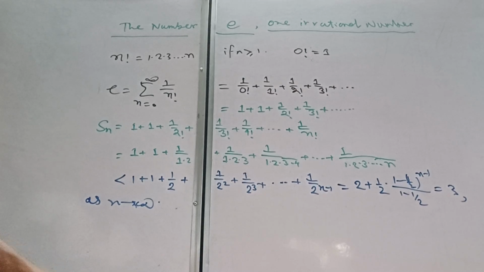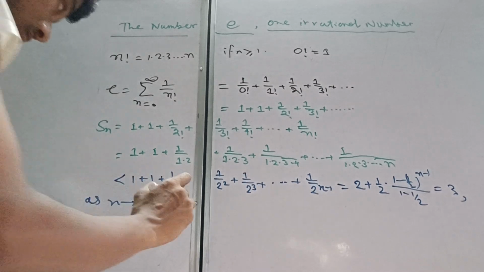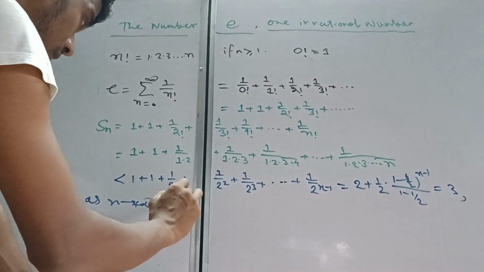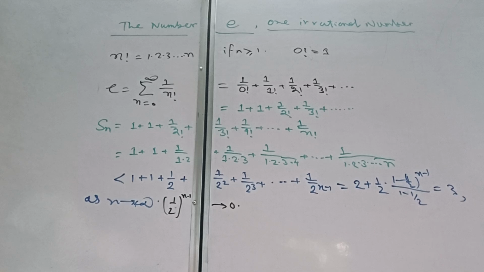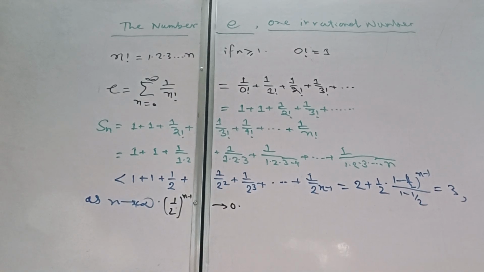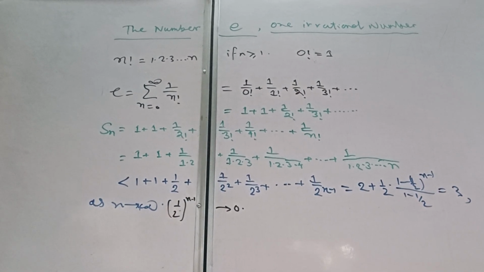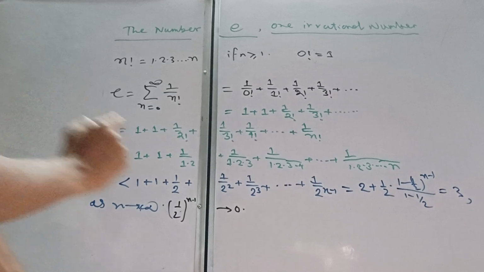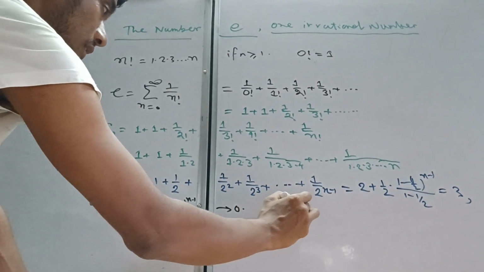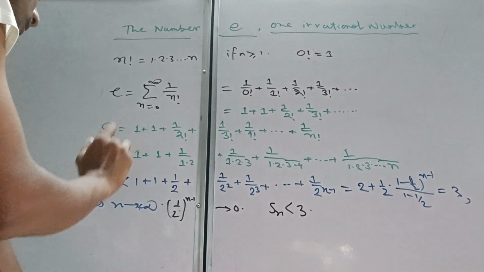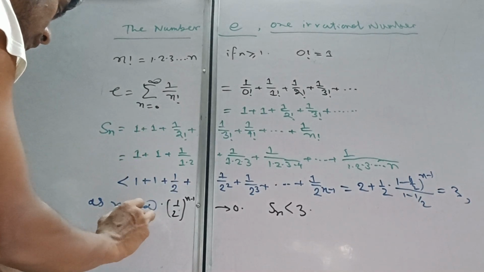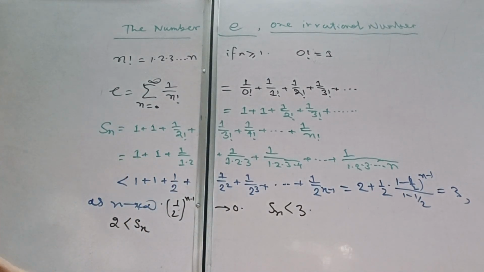Here half to the power n minus 1 tends to 0. Then we write Sn less than 3, and obviously 2 is less than Sn.